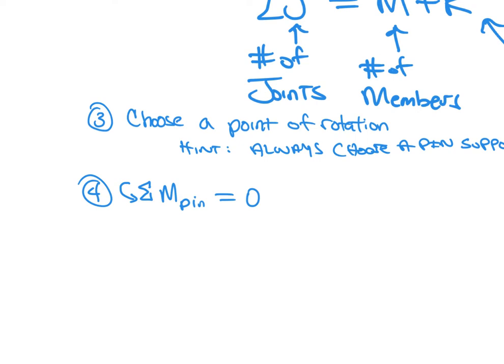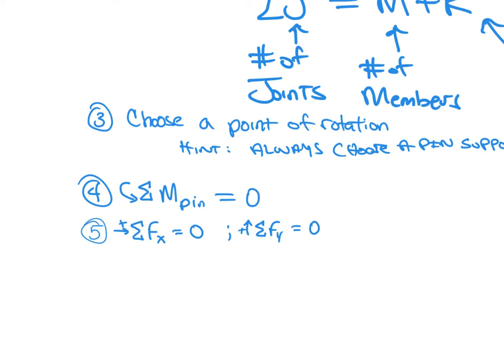And then our last step is, once we're done with that, we move into the sum of the forces in the x direction and then the sum of the forces in the y direction.